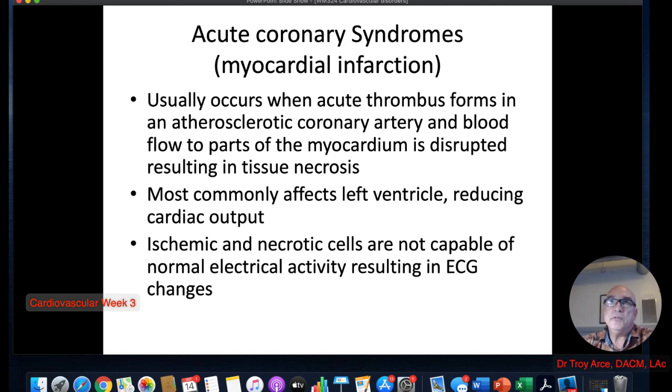And blood flow to parts of the myocardium is disrupted, resulting in tissue necrosis. Bad deal. Most commonly affects the left ventricle, reducing cardiac output, and the ischemic and necrotic cells are not capable of normal electrical activity. So that's a key point too. Not capable of normal electrical activity, resulting in ECG changes.